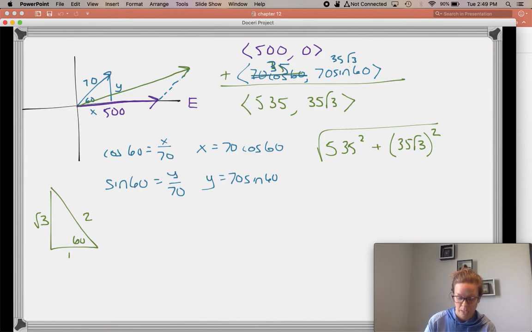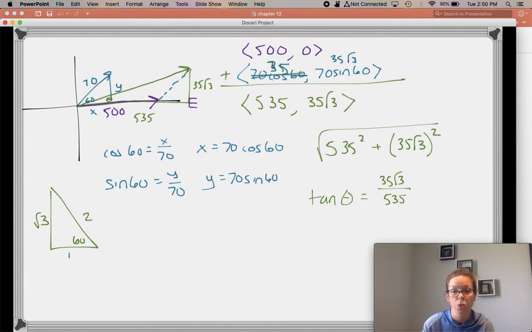And if I needed to find the new direction angle of it, then what I would be looking for back on my picture here is theta that I just drew in there in green. And we would know in our green triangle now, we've got 535 there. We got 35 root 3 there. And what we're looking for then would be the tangent of what angle is 35 root 3 over 535. And we could do an inverse tangent on that, and that would give us our new angle, which would give us kind of our new compass heading and how far off course this plane is.